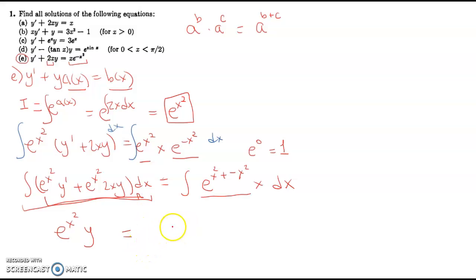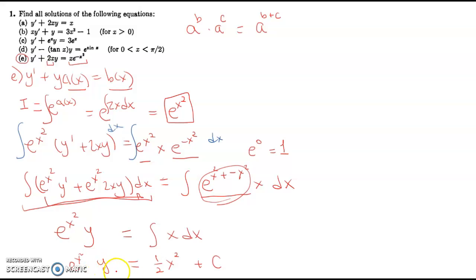Now this part is just 1, so we have the integral of x dx. I think this part is pretty simple to integrate, so we have 1/2 x squared plus c. Don't forget about our constant. All right, so this is what we get.